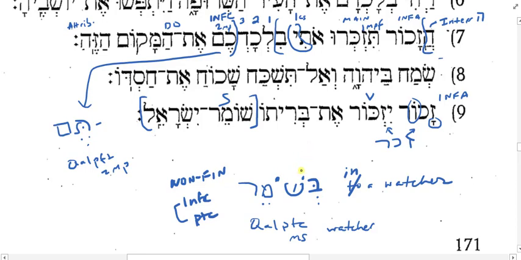Yes. All right, good. So could I modify that, say that infinitive constructs are the only verbal forms functioning as verbs that would take a preposition? Well, the participle is still functioning as a verb, as is the infinitive construct, but in another sense, they're actually both functioning like nouns when they have prepositions attached to them. Because if I have a bet preposition here, this infinitive construct is technically the object of the preposition bet, isn't it?